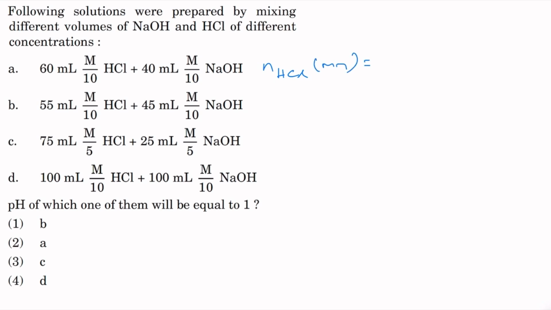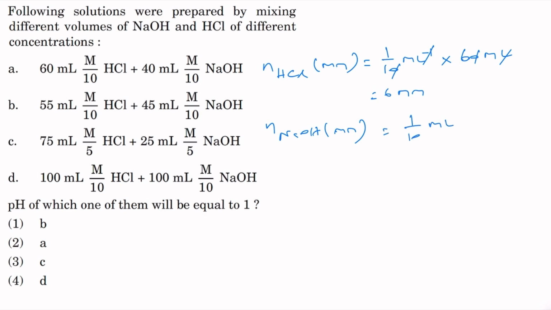This will be equal to 1 by 10 mole per liter times 60 milliliter. This means 6 millimoles, and then the number of millimoles of NaOH is equal to 1 by 10 mole per liter times 40 milliliter, and this will be 4 millimoles.